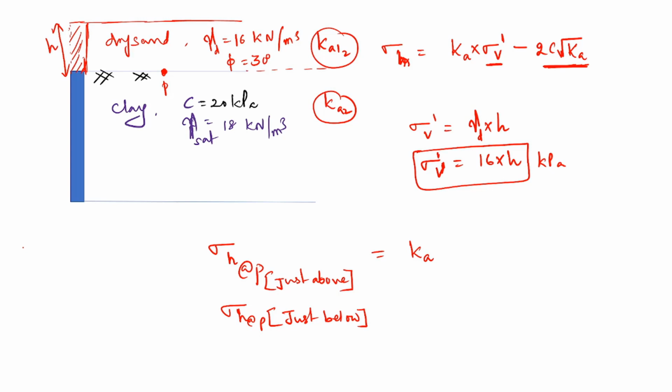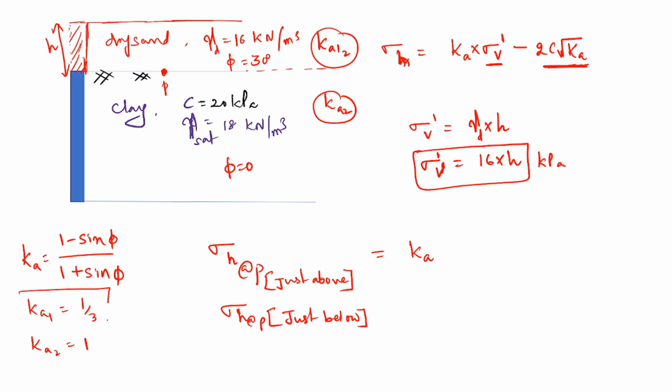How to calculate Ka? Ka is (1 minus sin phi) by (1 plus sin phi), right? What is Ka1? Ka1 will be 1 by 3. Ka2 will be 1 minus sin phi by 1 plus sin phi, where phi is 0 here. So it will be 1, right?